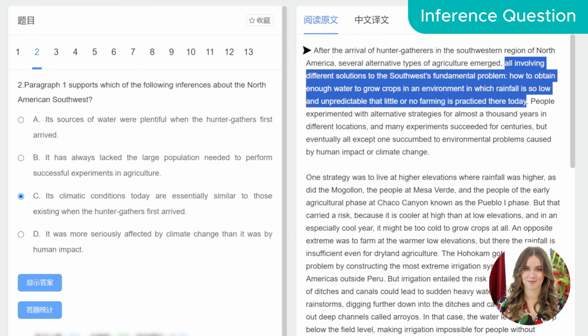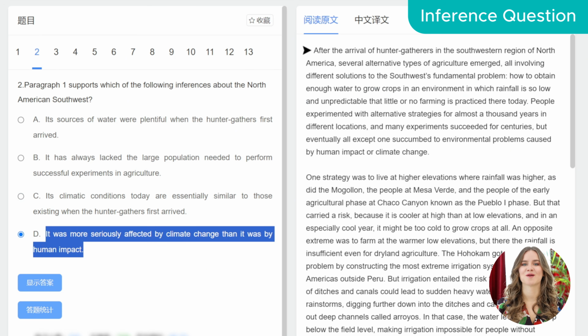Fundamental problem, how to obtain enough water to grow crops in an environment where rainfall is so low and unpredictable that little or no farming is practiced there today. This shows that the climatic conditions now are similar to those when the hunter-gatherers first arrived. So C is the correct answer.